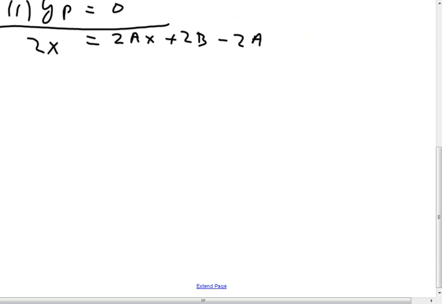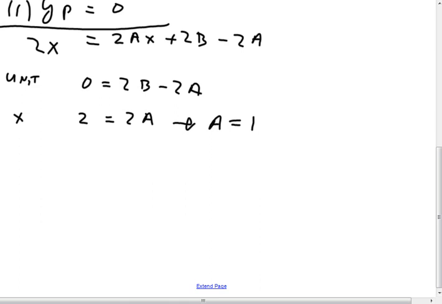Now, what that means is that my constant term is 0. There's no constant over here. So 0 has to equal 2b minus 2a. My x term has to be a 2. So 2a has to equal 2, implying that a is 1. If a is 1, then b is 1, which implies b is equal to 1.